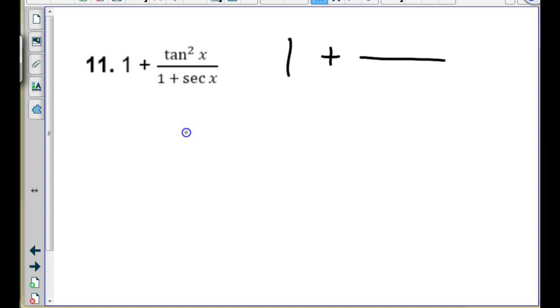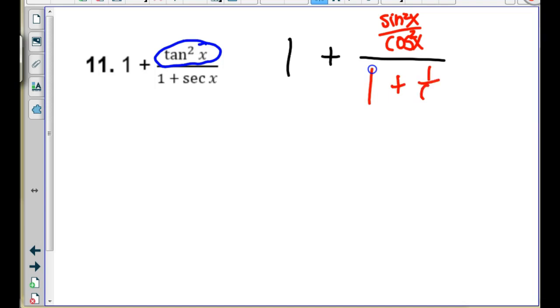What do you want to do? Do you want to trade this? Tangent squared is a... Oh, is that what you want to do? Okay, let's do it your way. Sine squared over cosine squared. Oops, I forgot my squared. And this is 1 plus 1 over cosine, right?